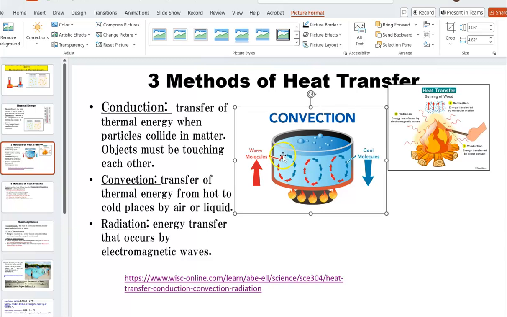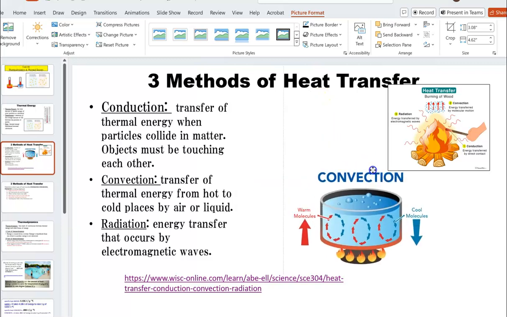And then those water molecules that are colder will be more dense and will sink to the bottom. And then they'll get warmed up by the heat source. And so this heat is being transferred around and around, okay? They're called convection currents in water. This also happens in air.